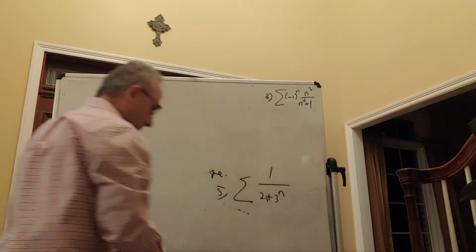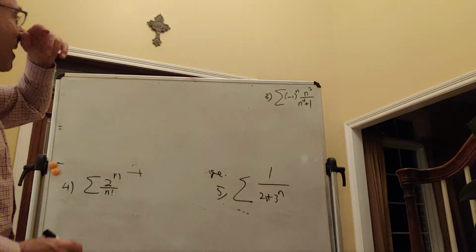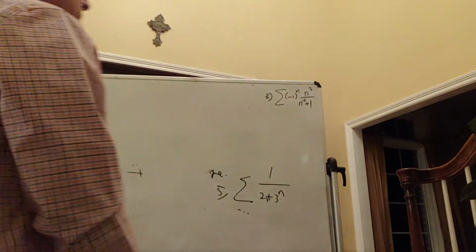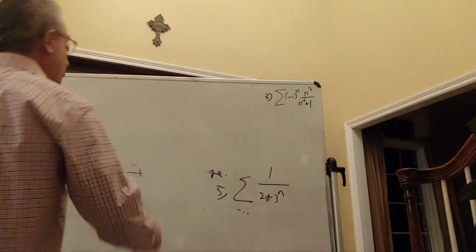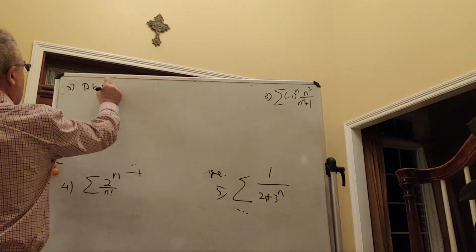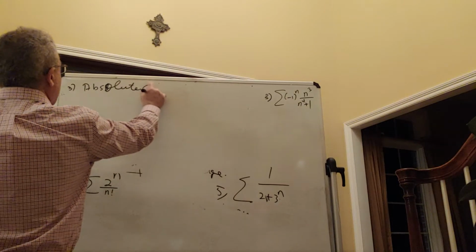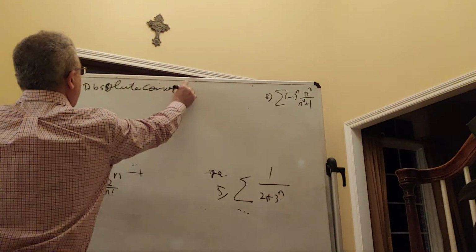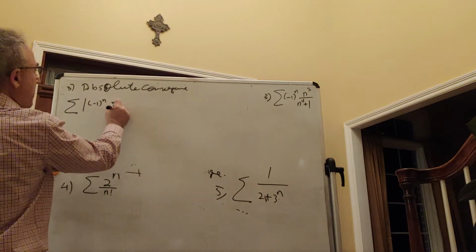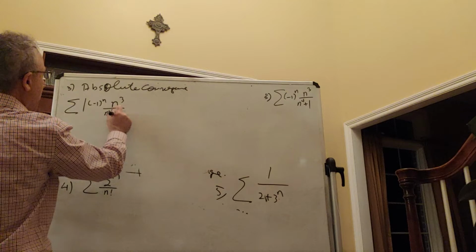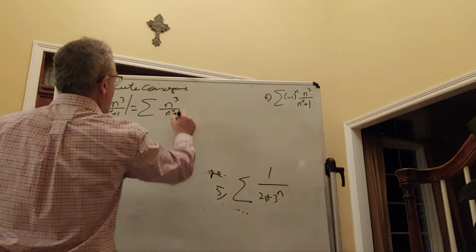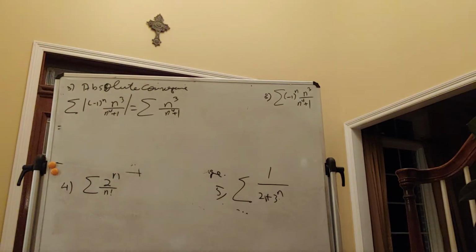So first of all, let's test for absolute convergence. So we look at minus 1 to the n, n cubed over n to the fourth plus 1, and that is n cubed over n to the fourth plus 1. Is that right?